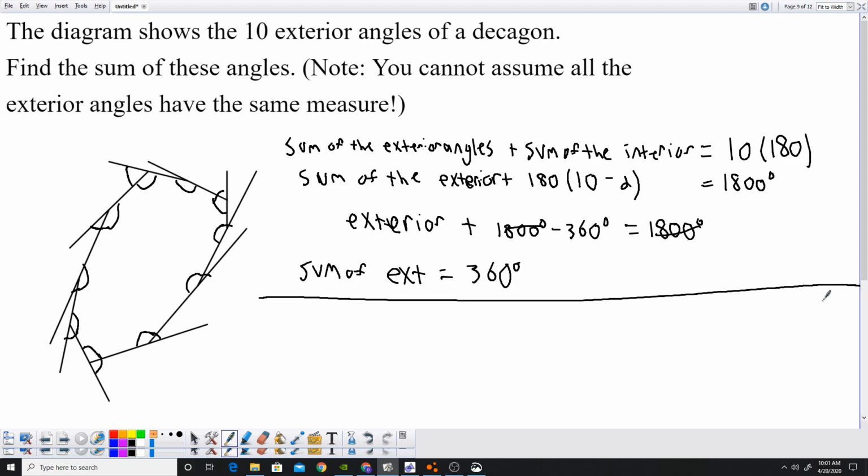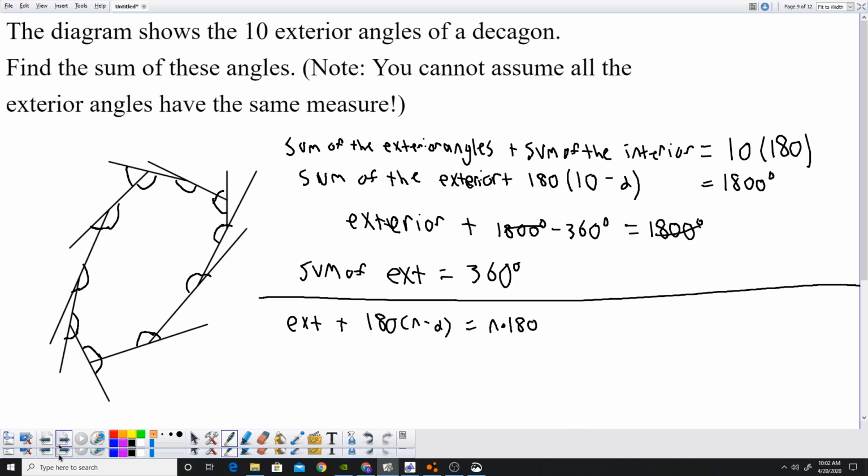In fact, the math is pretty easy to do. Exterior plus 180 times n minus 2 equals n times 180. And hopefully you could understand how this would eventually cancel out, like dividing by 180 or whatever.